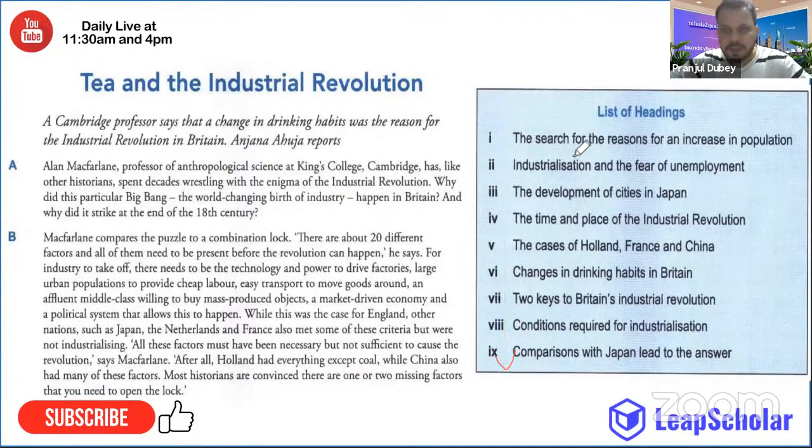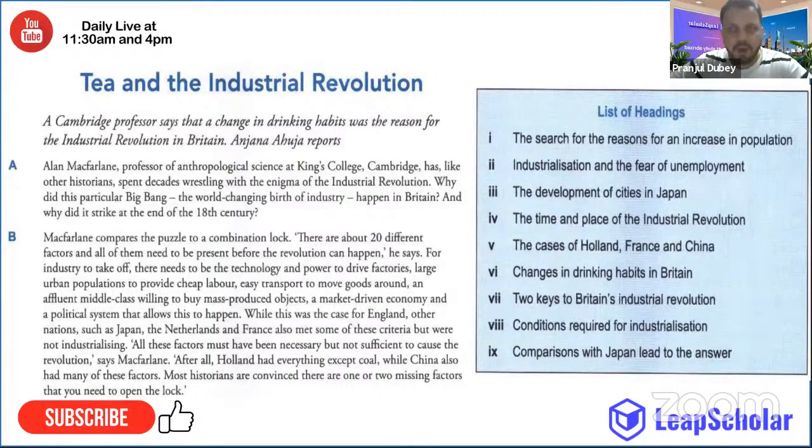All right, fine. The search for the reason for an increase in population, industrialization, and the fear of unemployment, right? The development of cities in Japan, the time and place of the Industrial Revolution, the cases of Holland, France, and China, and change in drinking habits in Britain, two keys to Britain's Industrial Revolution, conditions required for industrialization, and comparisons with Japan lead to the answers.